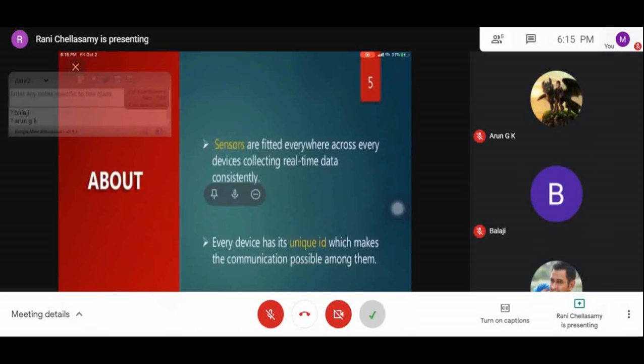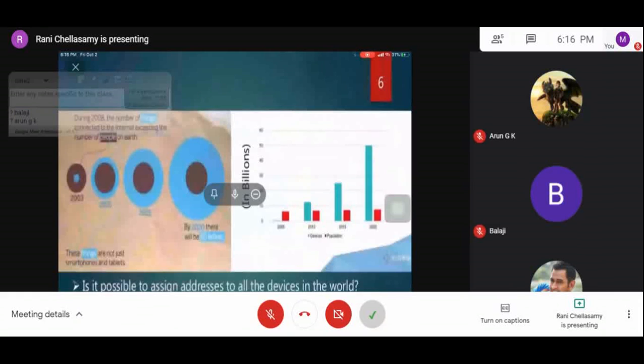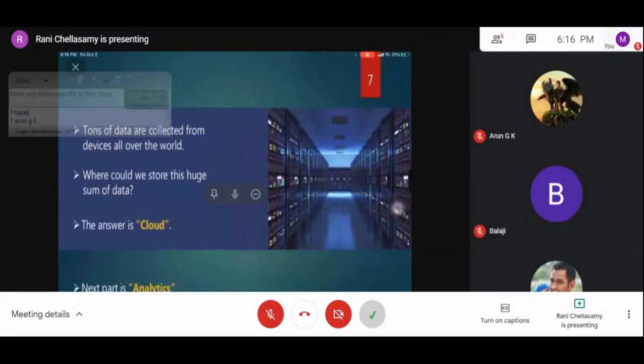The information will be shared among the different devices with the help of this unique ID. Here it is possible to assign addresses to all the devices in the world. You might have come across IPv4 and IPv6. IPv6 has a huge address space of 2 power 128. This protocol is used to assign a specific IP address to a particular device.